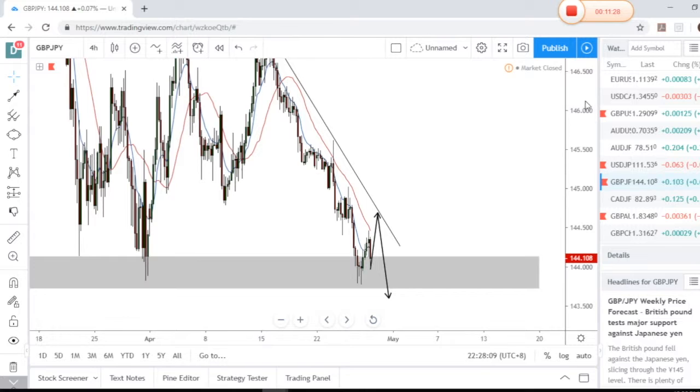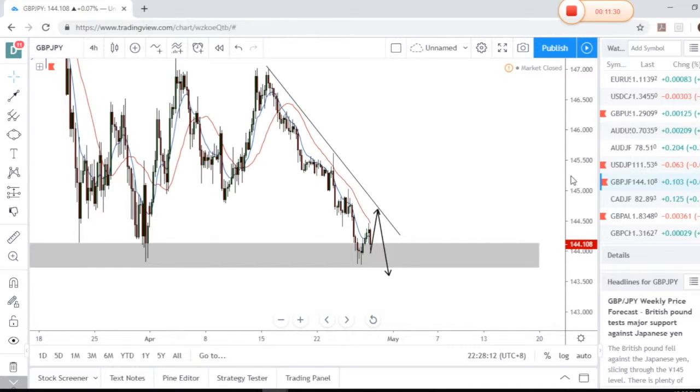But overall, we need to short at higher prices. So what I'm going to expect here is that on the Monday market, price may retest back to this daily trend line here before heading even lower. Let's see if this price manages to close below the 144.0 area.